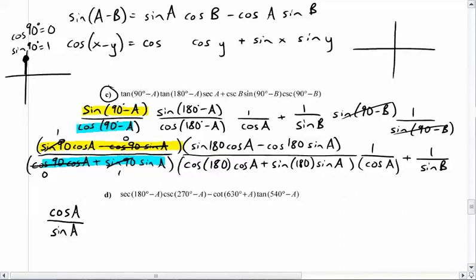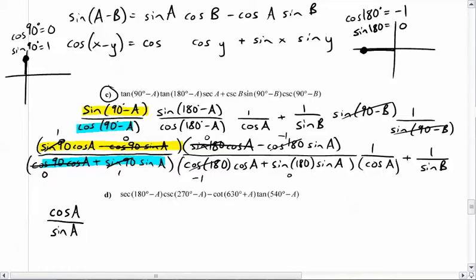When I'm at 180, the cosine value is my x-coordinate, which is negative 1. So instead of cosine 180, I'll write negative 1. My sine value is my y-coordinate, which is 0. So instead of sine 180, I have 0, which makes 0 times cosine A all 0.